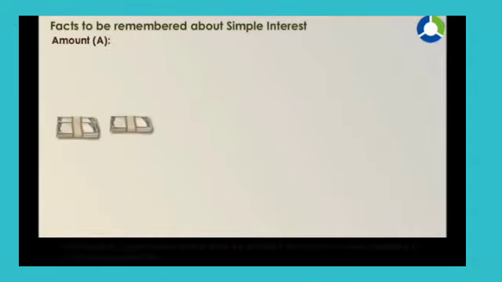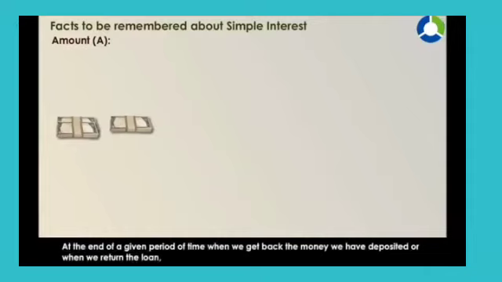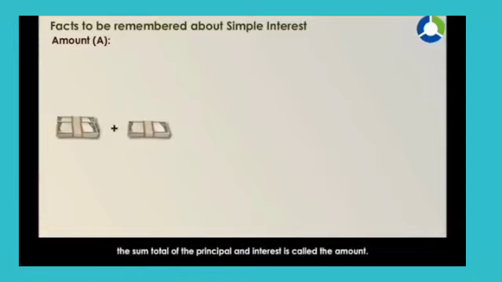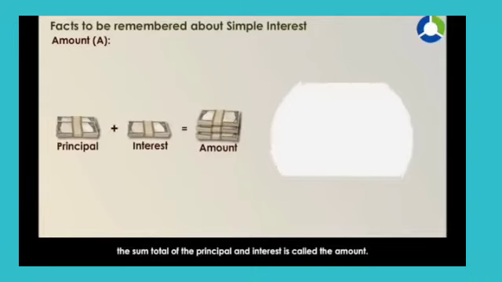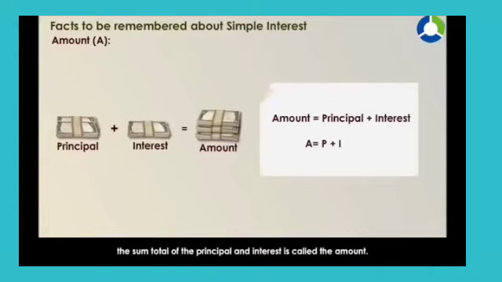Amount A. At the end of a given period of time, when we get back the money we have deposited or when we return the loan, the sum total of the principal and interest is called the amount. Amount equals principal plus interest, or A equals P plus I.